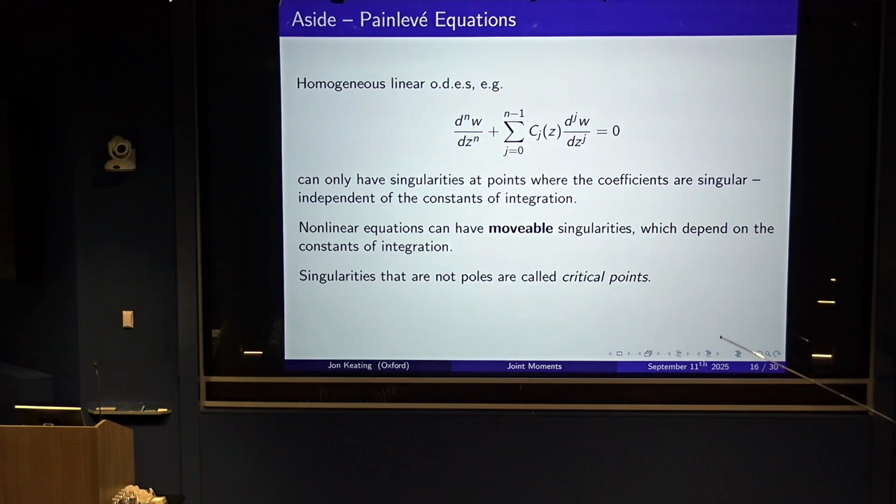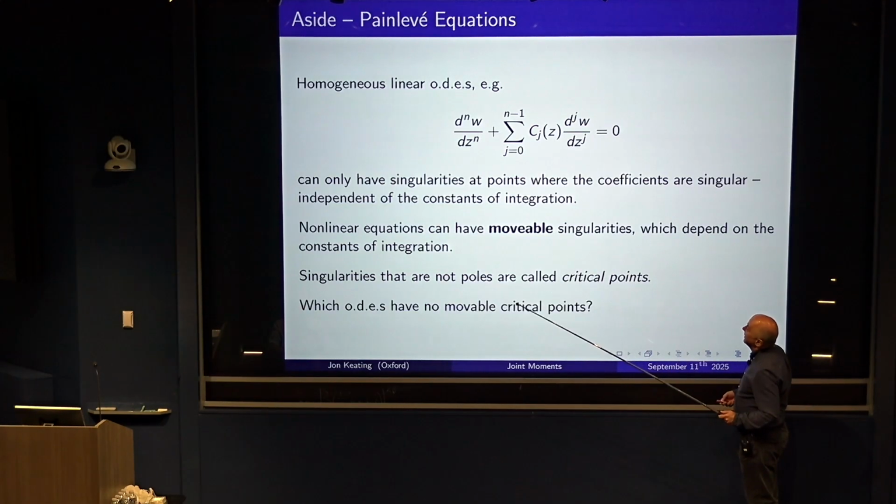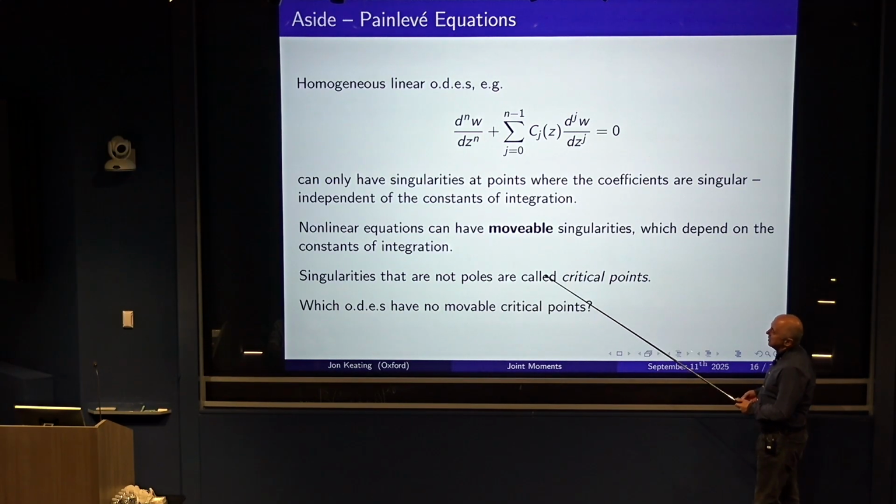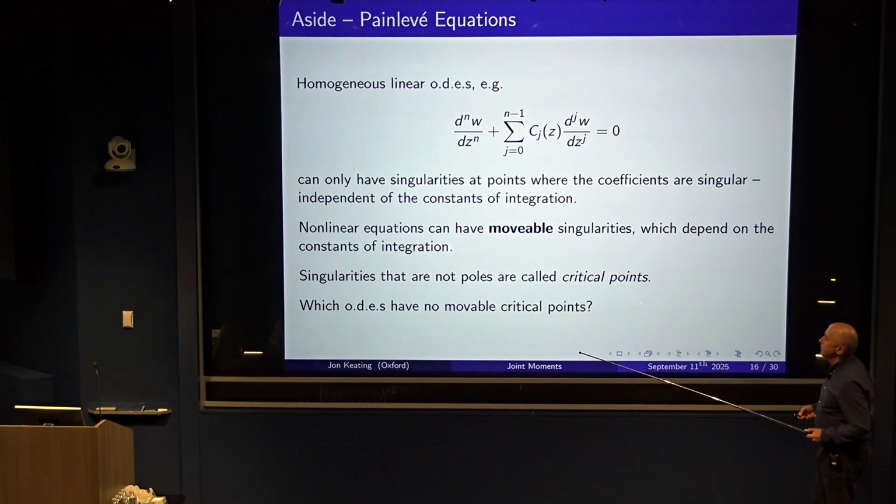And what you don't want is to have to understand solutions of ODEs that live on some Riemann surface where the topology of the surface depends on the constants of integration. So the question is, are there any nonlinear ODEs which have no movable critical points, that is, no singularities other than poles, which depend on the constants of integration?